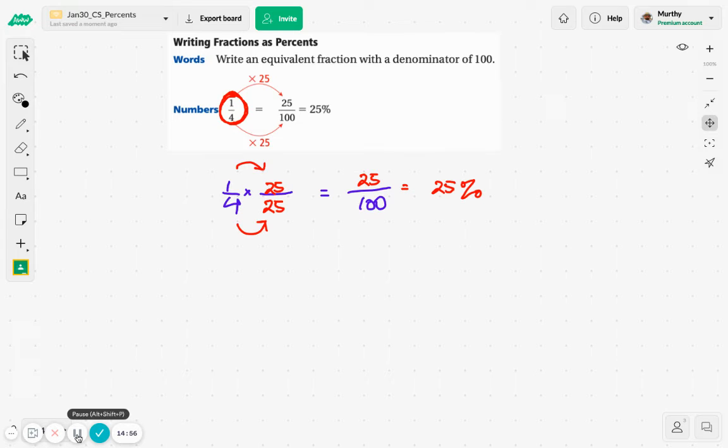But this method may not be adopted every time. Because if you are given 1 over 7, with what number do I have to multiply? 7 times what number gives me 100? Oh my gosh, it's not easy to guess.